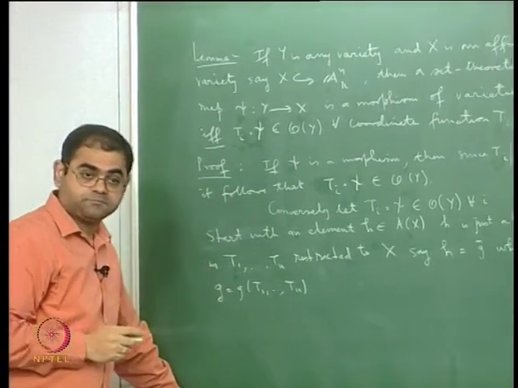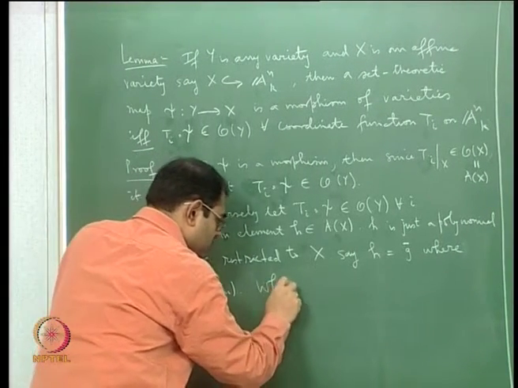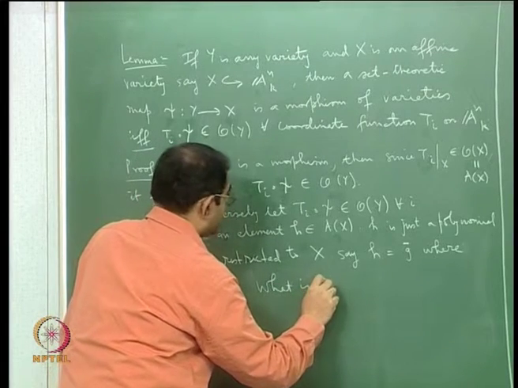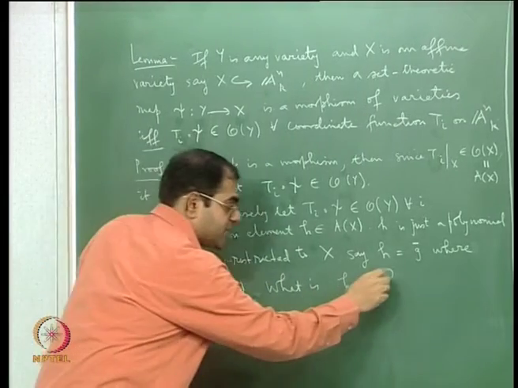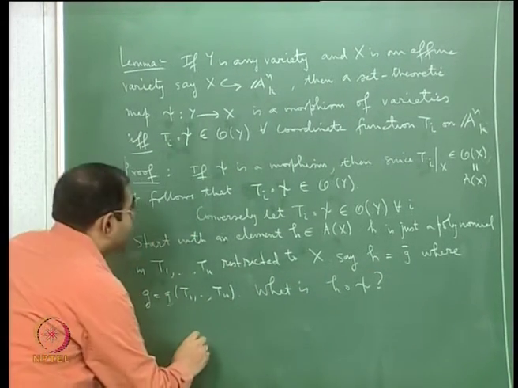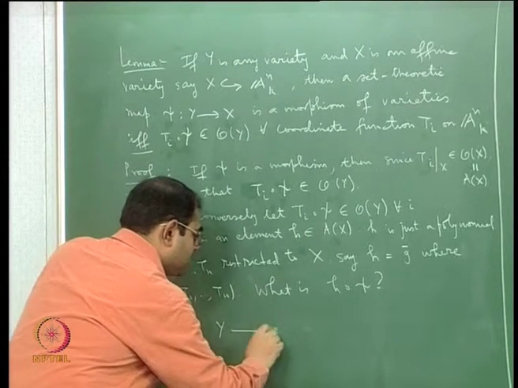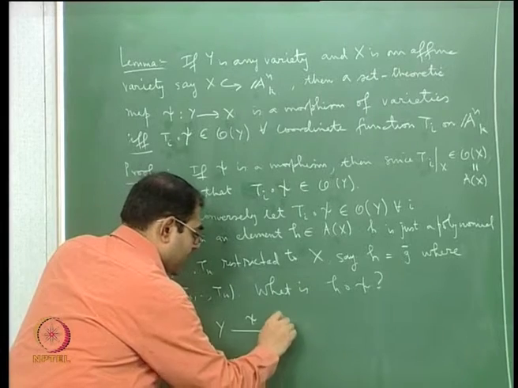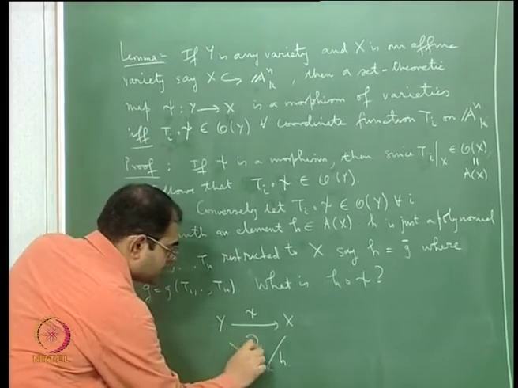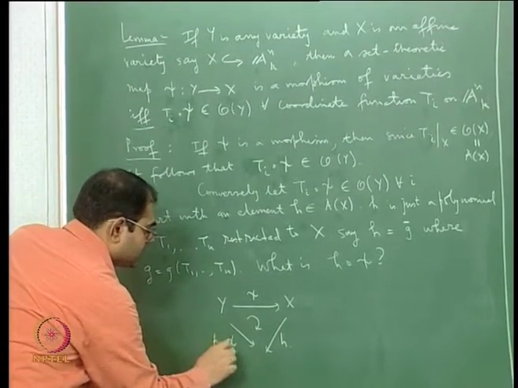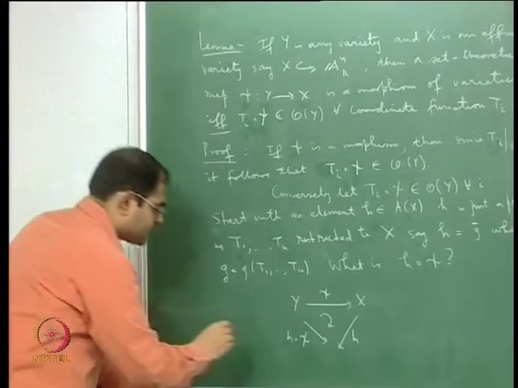So what is h circle psi? Let's calculate this. Basically I have Y, I have psi, I have X, and here I have a polynomial h, and this is my map h circle psi. It is just the pullback of h under psi, it is just psi star of h.